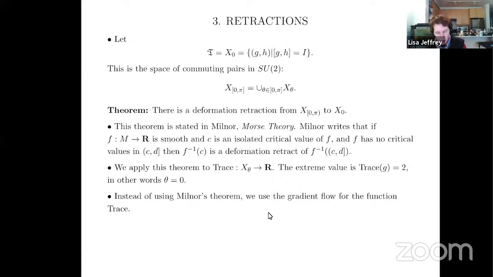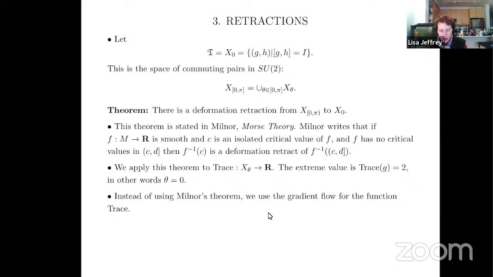We apply this theorem to the trace map, which maps from X theta to R. The extreme value is the case where the trace is equal to 2. In other words, theta is equal to 0.